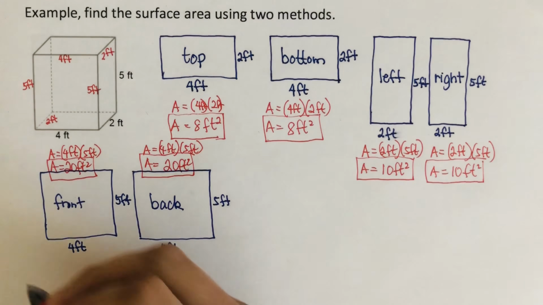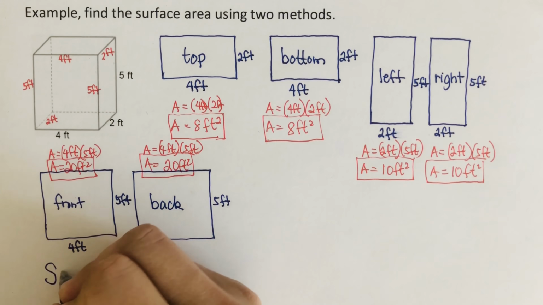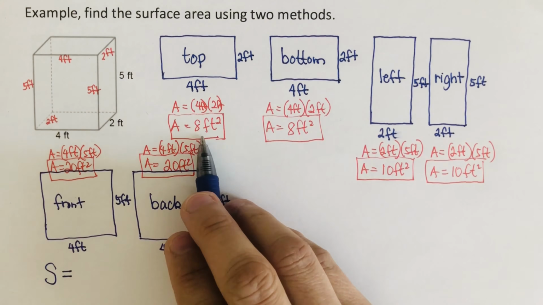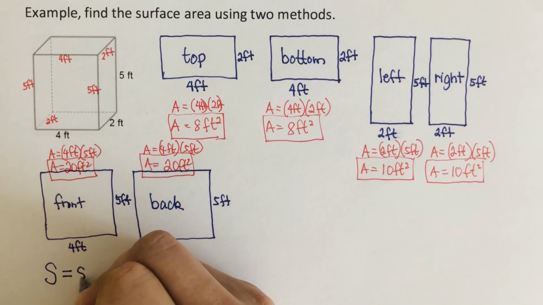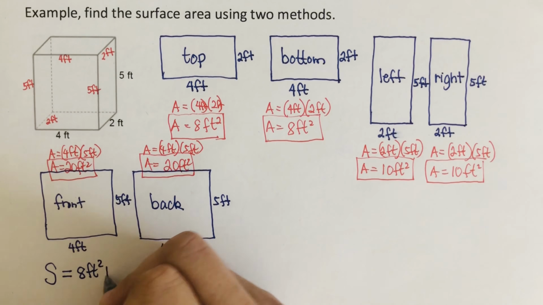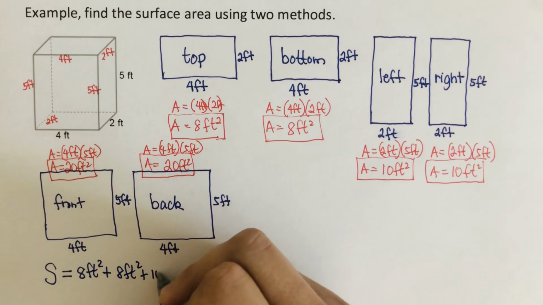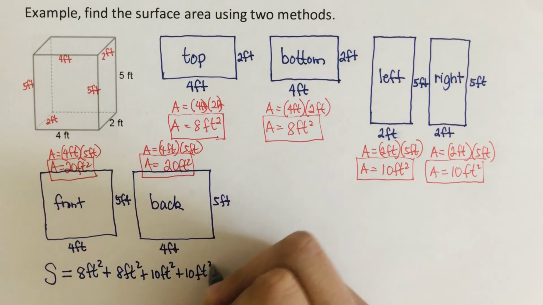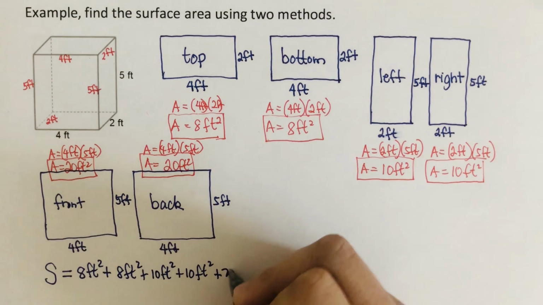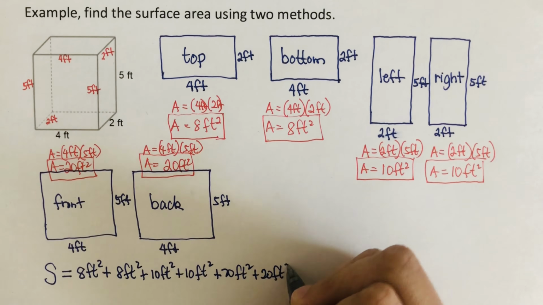So to find the surface area for this, surface area is equal to adding these all up together. That would be 8 feet squared plus 8 feet squared plus 10 feet squared plus 10 feet squared plus 20 feet squared plus 20 feet squared.